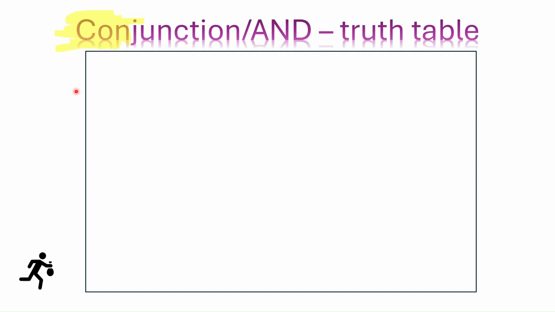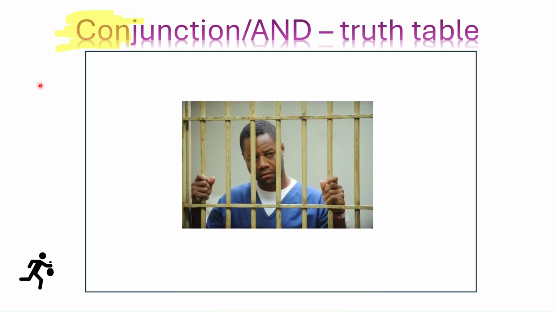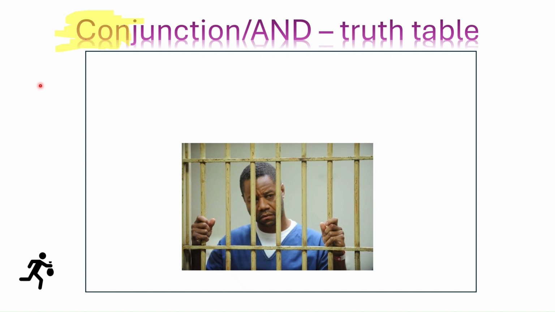Unless both statements are true, it will always be false. So always think when you're doing the table that's a conjunction, which is your and table, everything is false except if both statements are true. You always got to think, this is a con. I'm doing a conjunction table, so everything is going to be false. Whatever information presented is going to be false.